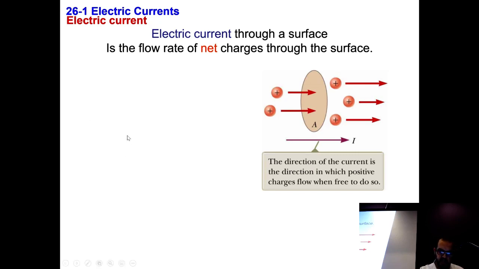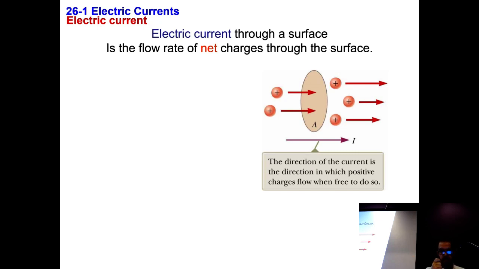Interestingly enough, even though in reality we know the charges that are moving through a conductor are free electrons, the protons are fixed to the nuclei of the atoms. They do not move.